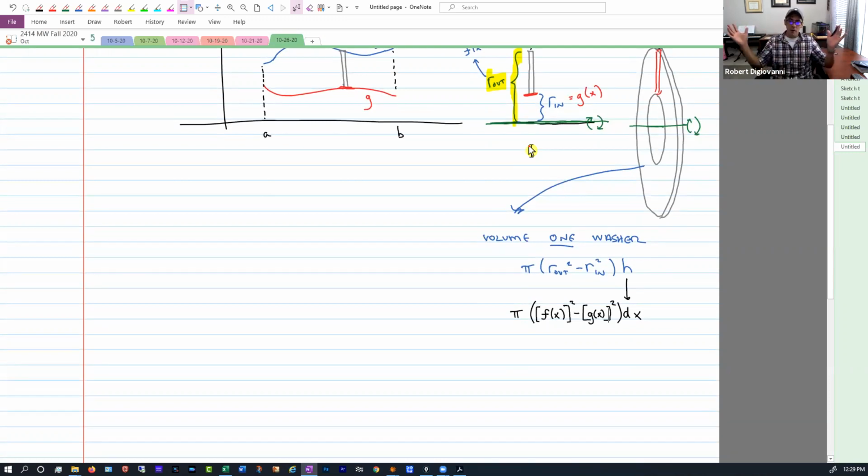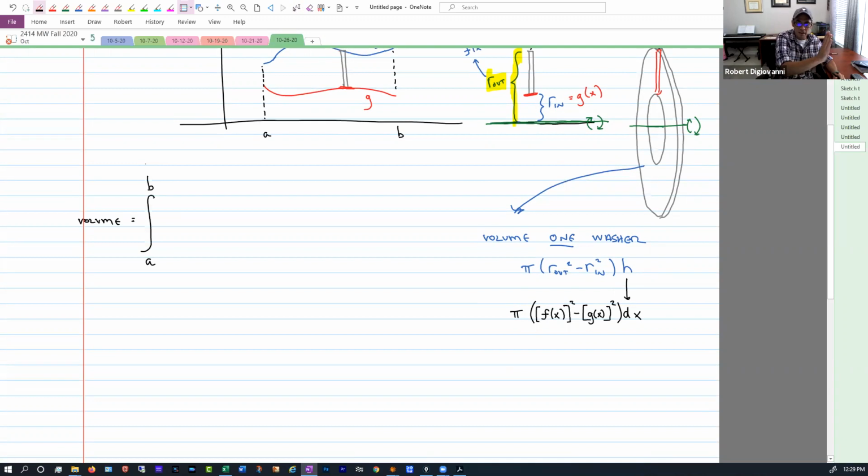I want the volume of all of them added up, and I want to cut them up into smaller and smaller pieces. And that means I'm going to bring the integral in. So the exact volume will be the integral from A to B, because again, I'm going to be moving my rectangles, right?